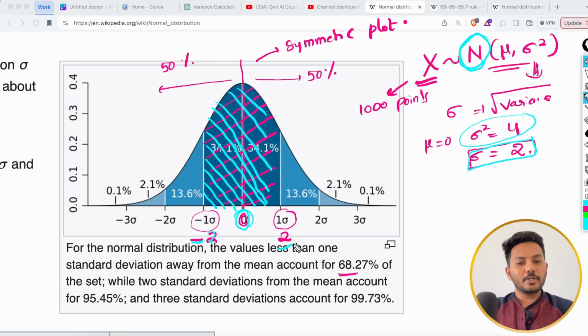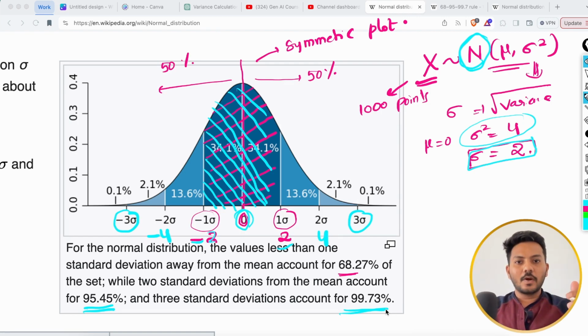That is what the normal distribution property is. And if I go to 4 to minus 4, I would have 95.45% of the points lying in that range. And if I go to 3 sigma or 3 standard deviations, I would cover 99.73% of points. Hopefully that is clear.